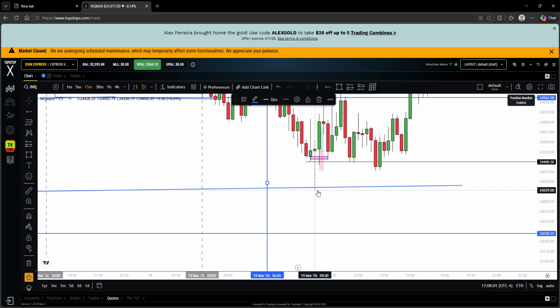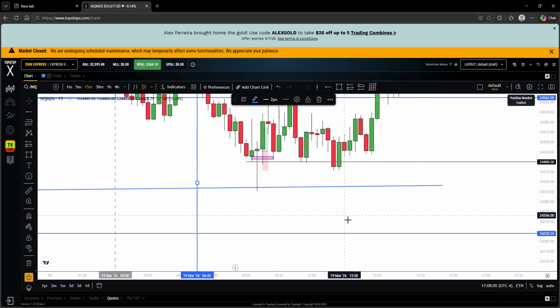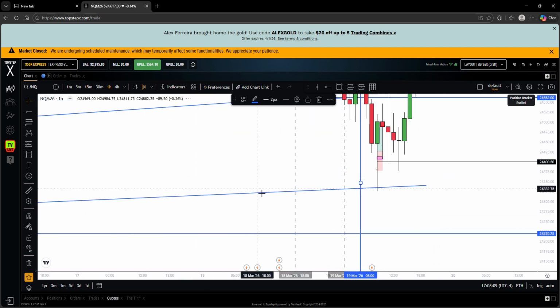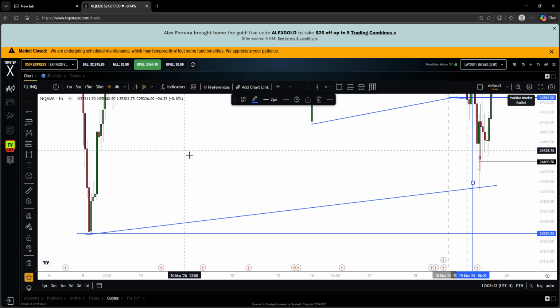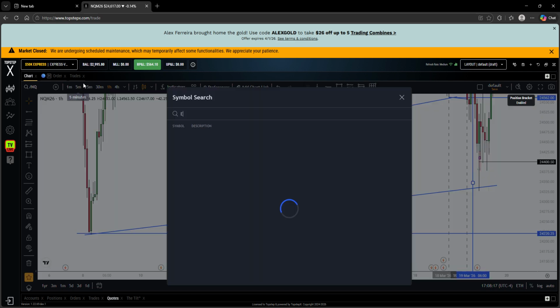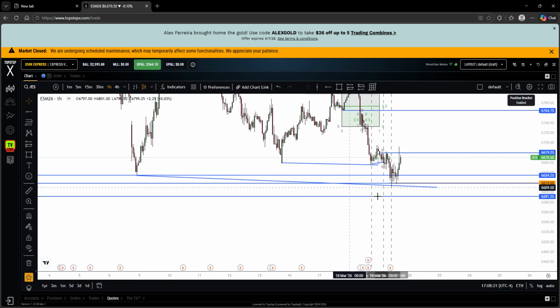because we went all the way down here. Obviously we didn't take that low, but that's a big wick after taking multiple lows. This one right here in NQ, as well as the S&P 500.